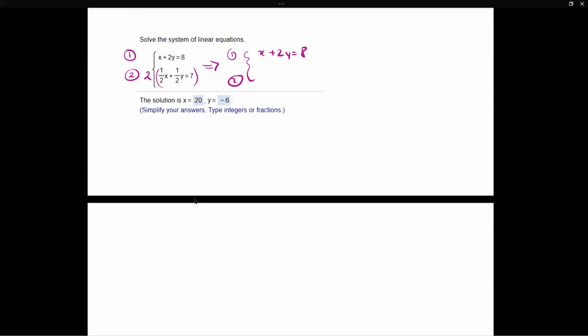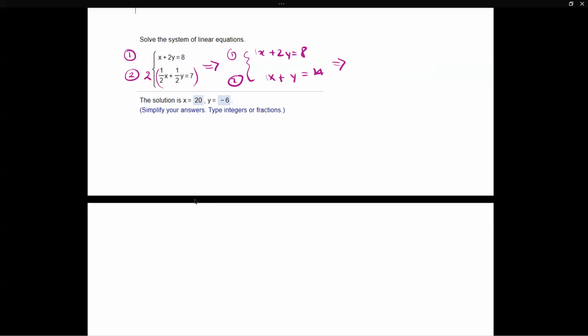If we multiply the whole thing by 2, then we should get x plus y equal 14. So now we don't have fractions. And from here we can use substitution or elimination, whichever you want. If you want to use elimination, as this is 1x and this is 1x, if we subtract these equations, we should eliminate x.